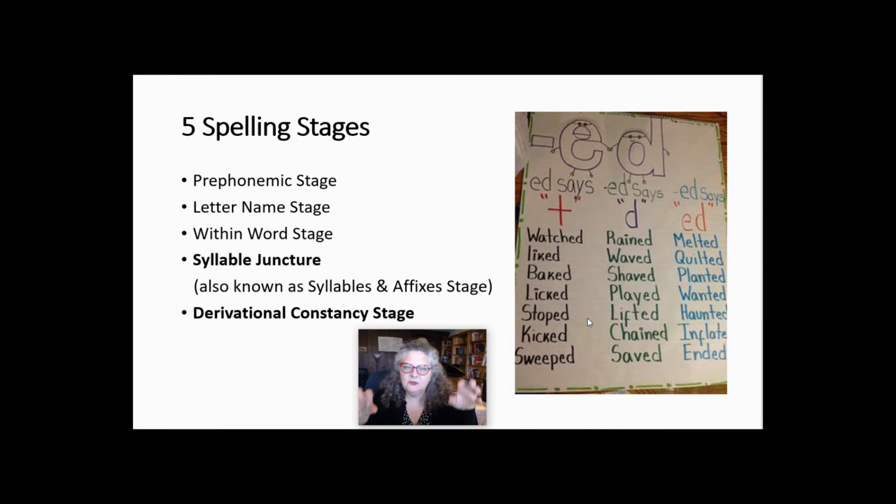And when we put all these Greek and Latin roots and suffixes and prefixes together, how does it create a different word? So in derivational constancy, it's really about meaning and using chunks of words that are associated to particular meanings. So those are our 5 stages.